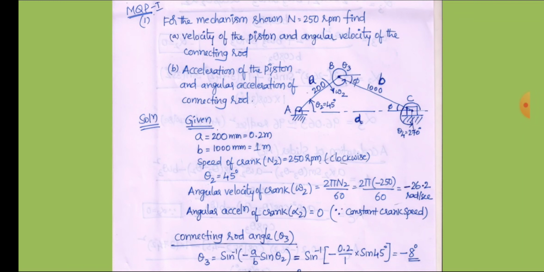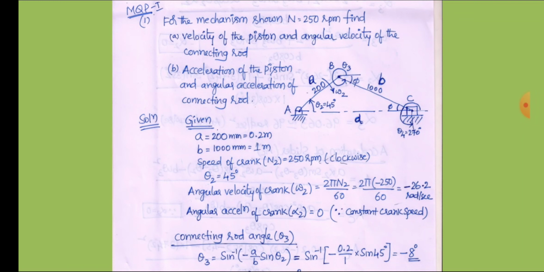Now in the problem, here the figure is also given. For the mechanism shown, n is equal to 250 rpm. Remember, by default, the speed given is the speed of the crank. Therefore, speed of the crank, N2, is equal to 250 rpm.